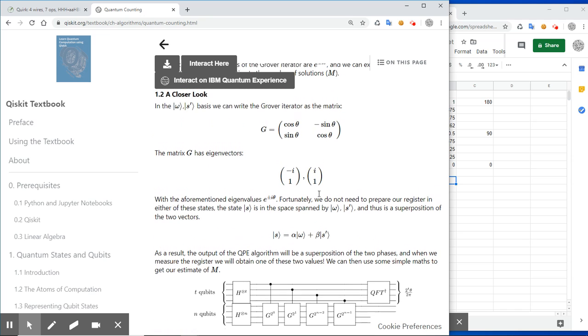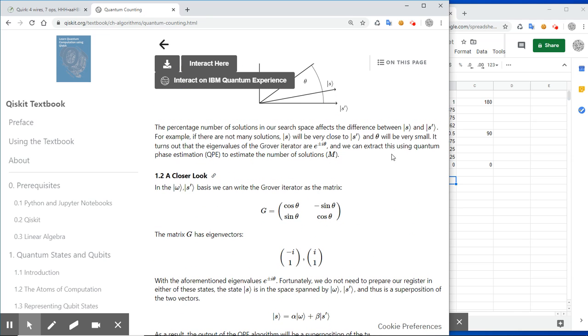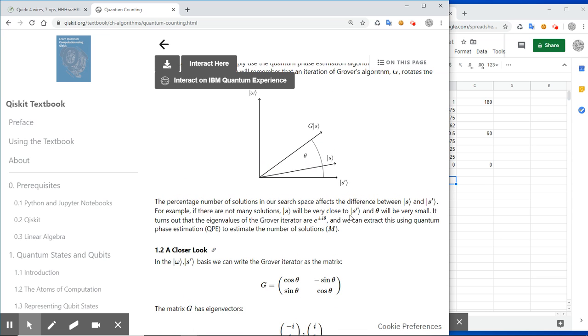Okay, so what they're saying is, it turns out, this is this theta angle that you're rotating every time closer to the solution. It sucks that it's just given like that, right?